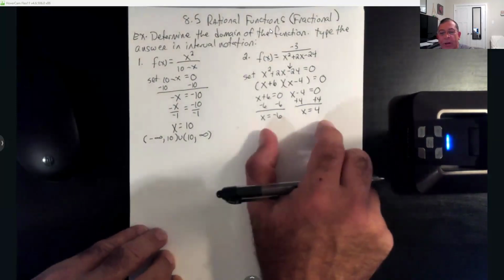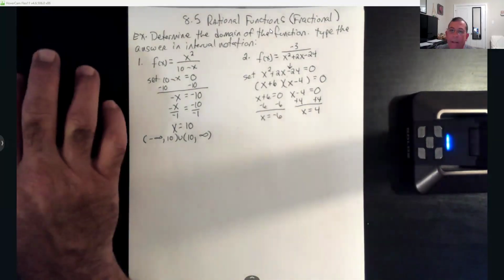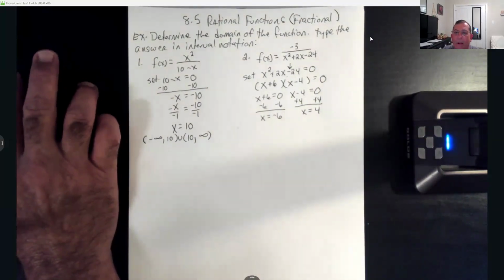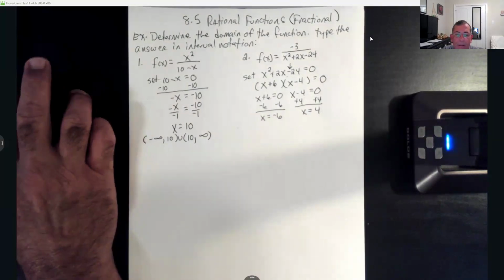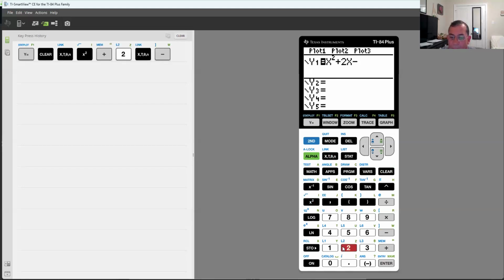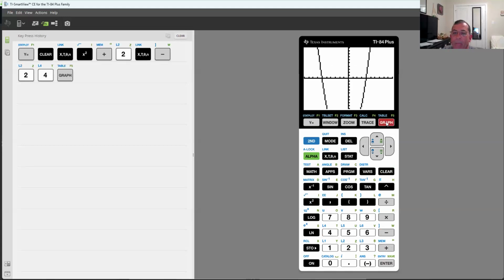Before I actually do the interval notation, let me show you that there was another way to get those two answers, and that's by graphing. So if you don't like factoring a lot, let me show you this. You can put in x squared plus 2x minus 24. Now, I'm looking for x-intercepts when I graph it. So I'm going to hit graph.